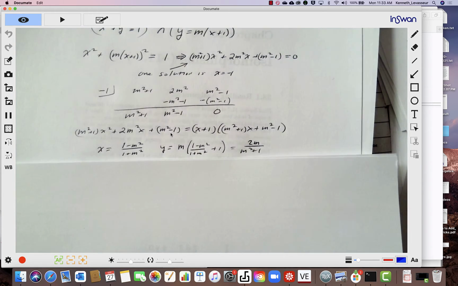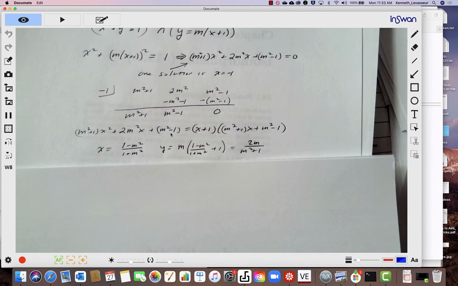Now, what we want to do at this stage is make the observation that if we set m to be a rational number, then x and y will be rational.